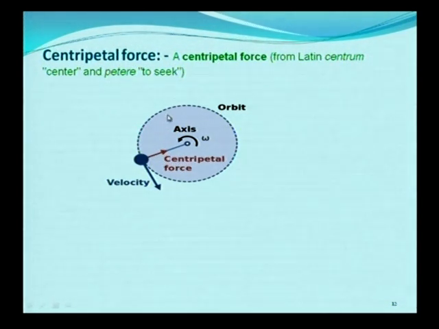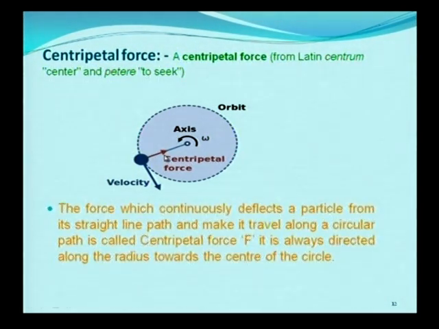So, that is why the objects are moving along the circumference of the circle. The force which helps the object to move along the circumference of the circle is known as the centripetal force. It means the centripetal force always acts towards the center, and the object also moves in the circumference of the circle. So, this is about the centripetal force.